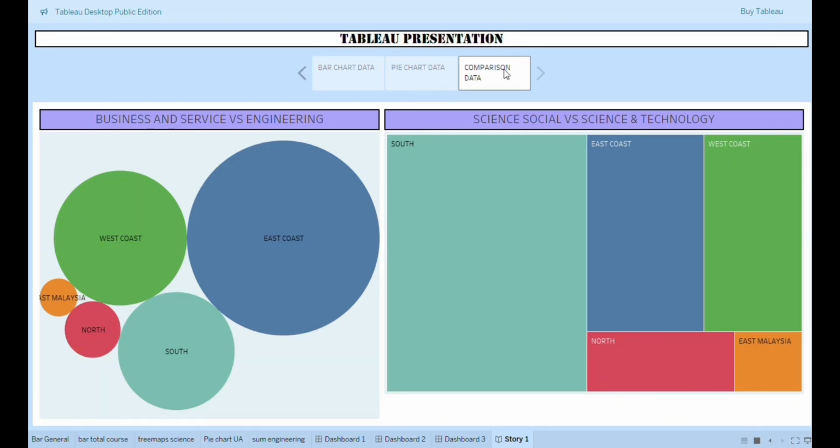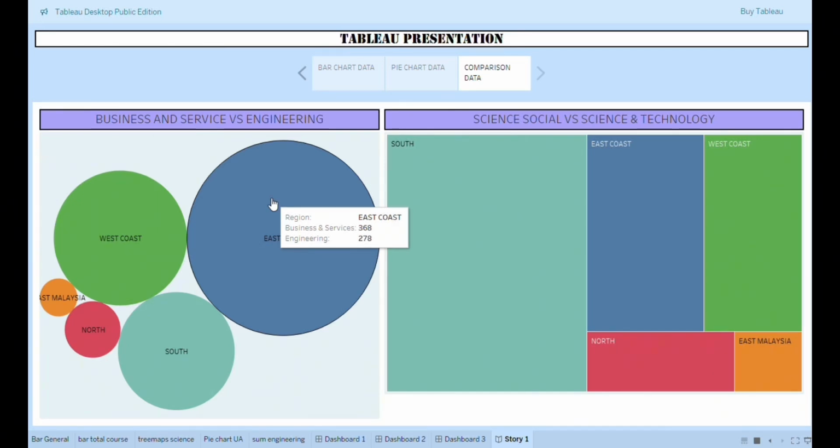First, we go to the bubble chart, which shows business and services versus engineering. East Coast has the largest circle, leading both business and services and engineering with the highest amount, where business and services is 368 and engineering is 278.